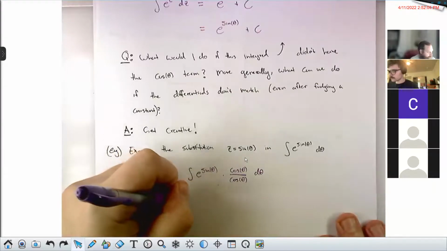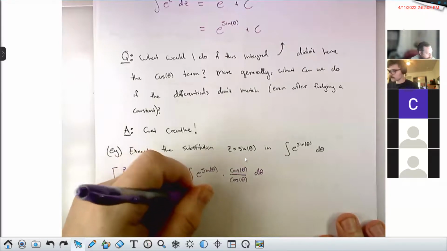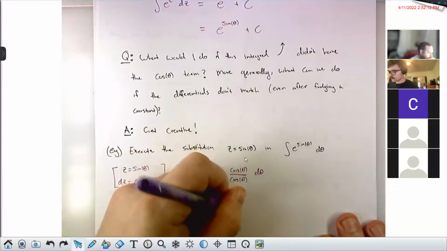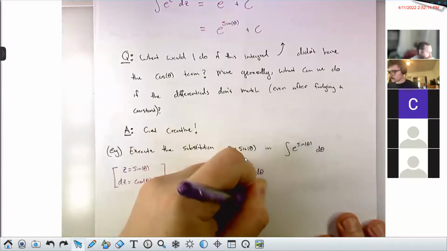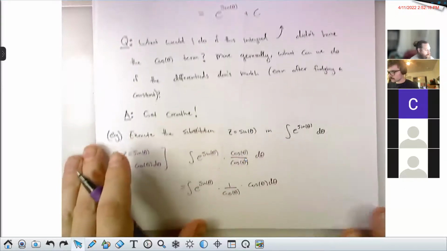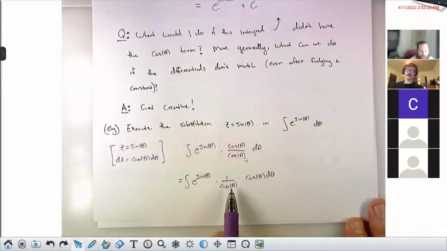This is the same thing as the integral of e to the sine theta times 1 over cos theta times cos theta d theta. Okay, now I've got my cos theta d theta here. But I also have this piece down here. And it's a problem now.